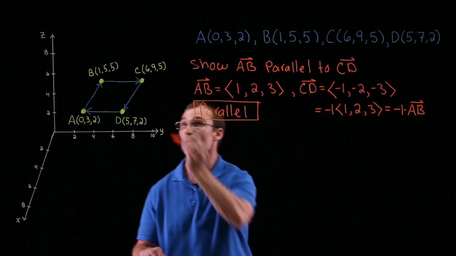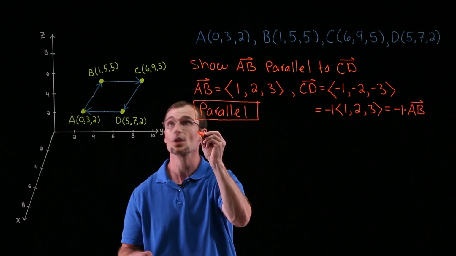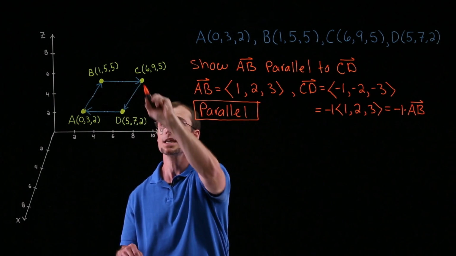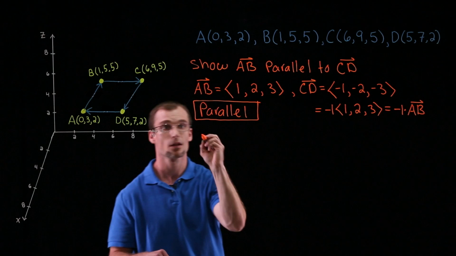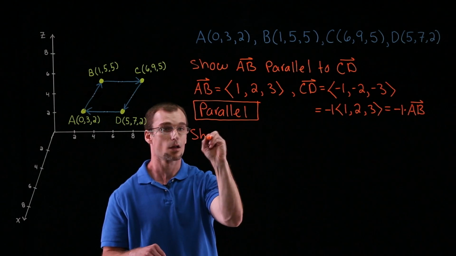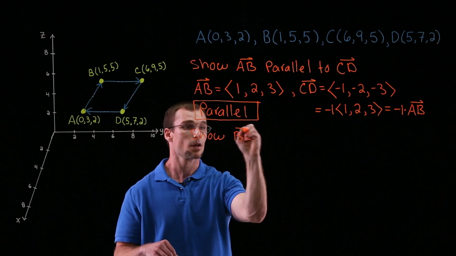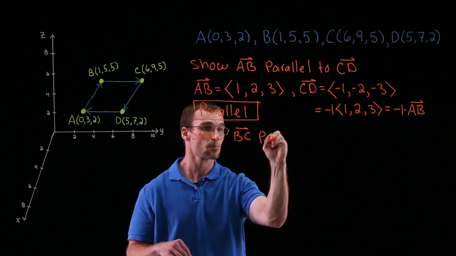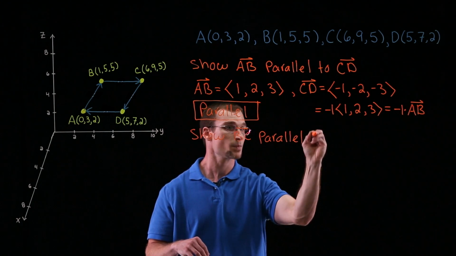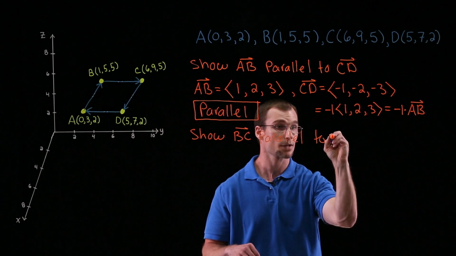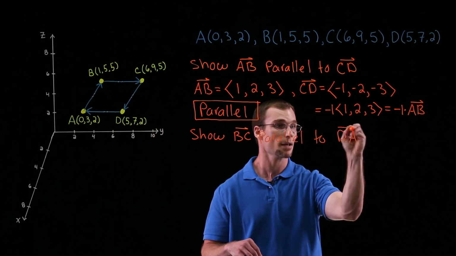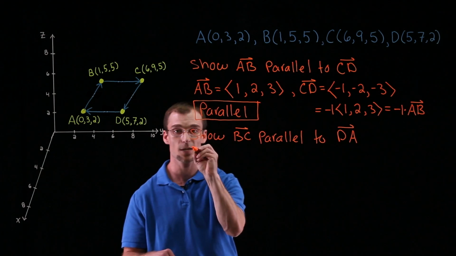So now we do the same thing with our top and our bottom. We're going to show that the vector from B to C is parallel to our vector from D to A. Okay, so same thing as before.